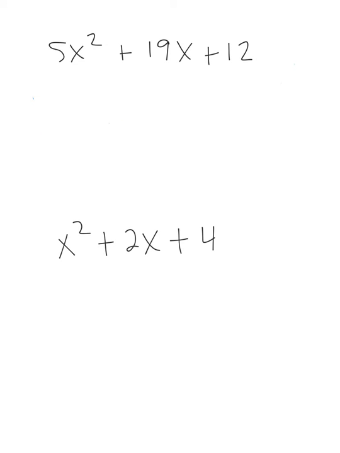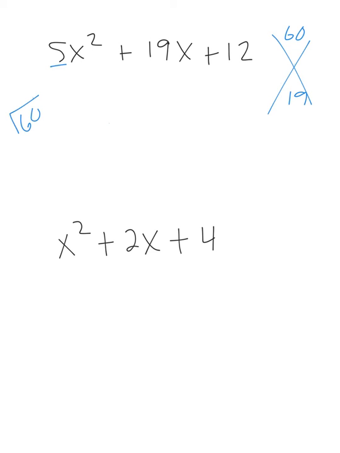Okay, this problem here is 5x squared plus 19x plus 12. So we have no GCF, and this is greater than 1, so it looks like we have to do 5 times 12, which is 60, and then 19. So what multiplies to get you to 60 that's adding to get you to 19? 1 times 60, 2 times 30, 3 times 20.